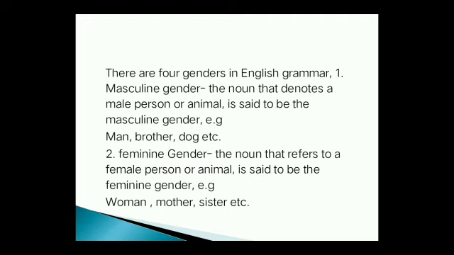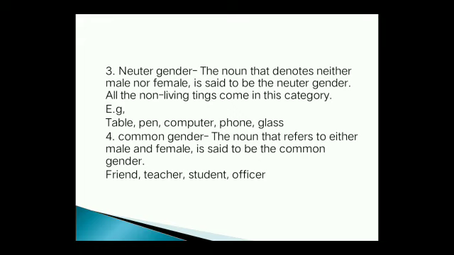Okay? Then we have the third one, neuter gender. The noun that denotes neither male nor female is said to be the neuter gender. All the non-living things come in this category. Okay, because they are not living, so they have no gender.